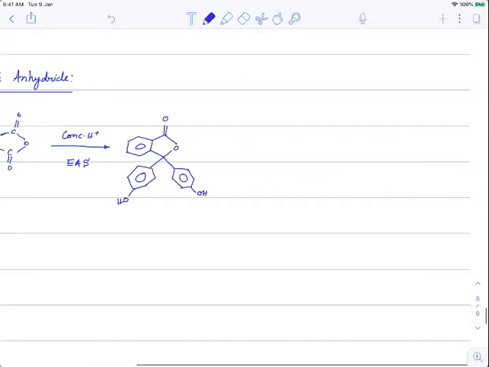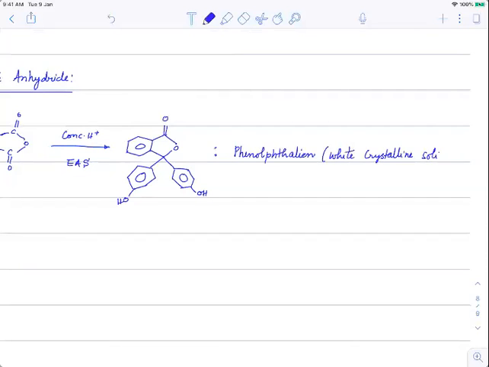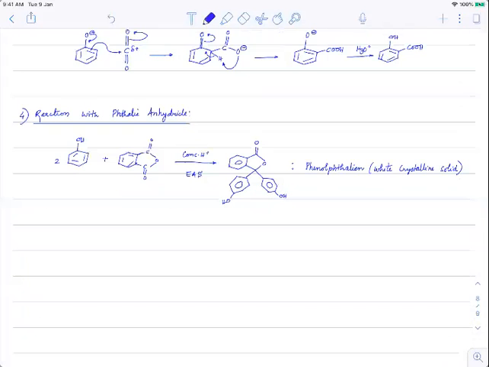Okay, and this is what we call phenolphthalein. So basically what we have done is the preparation of phenolphthalein. Phenolphthalein in its pure form is a white crystalline solid.